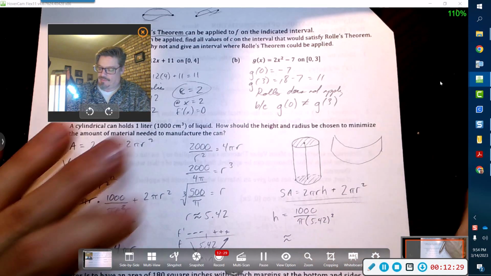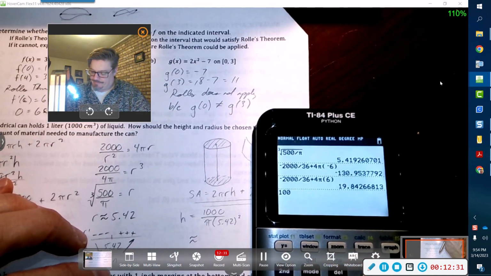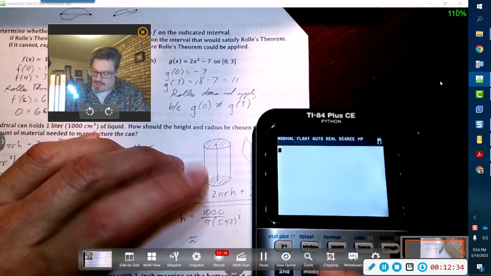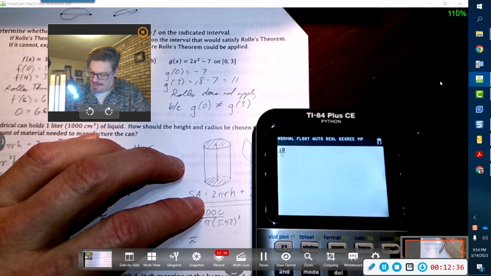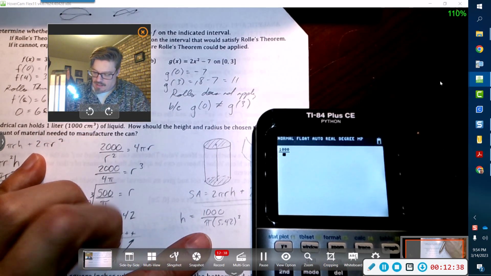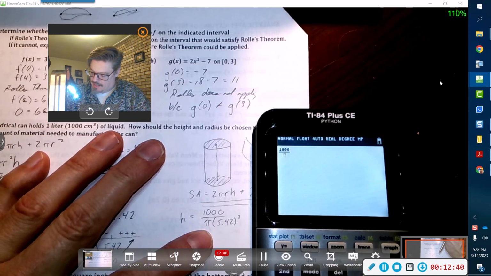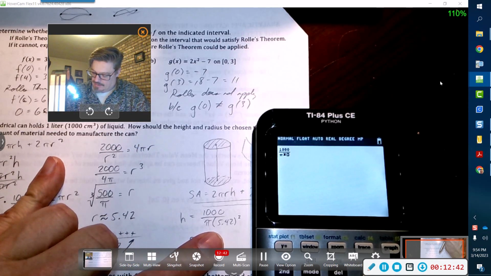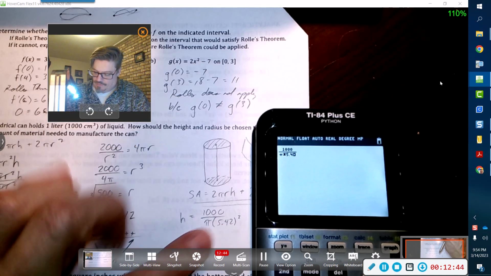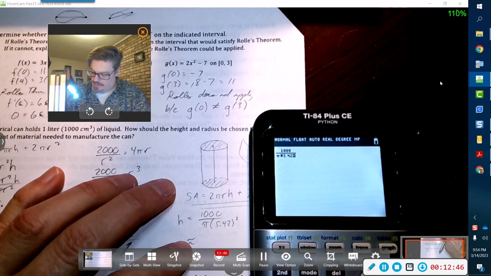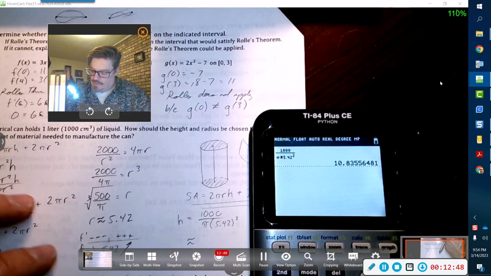And this will be approximate, so 1,000 divided by pi times 5.42 squared. Okay, 10.83.